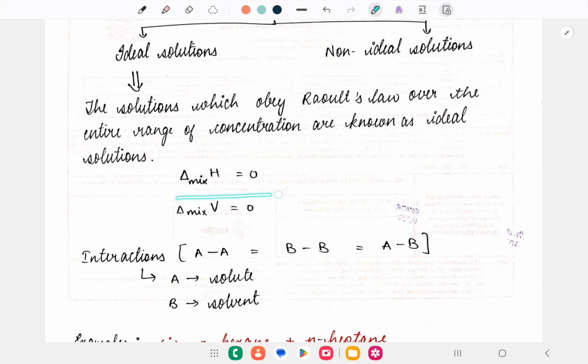The enthalpy of mixing of pure components to form the solution is 0, and the volume of mixing is also 0. The above two properties mean that no heat is absorbed or evolved when the components are mixed, and the volume of the solution is equal to the sum of the volumes of the two components.